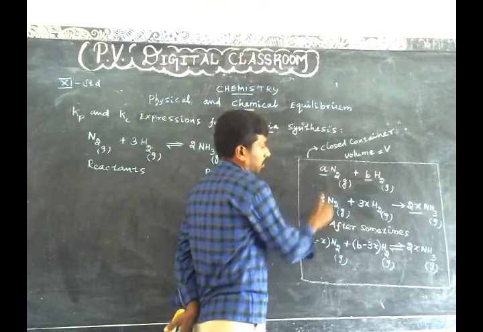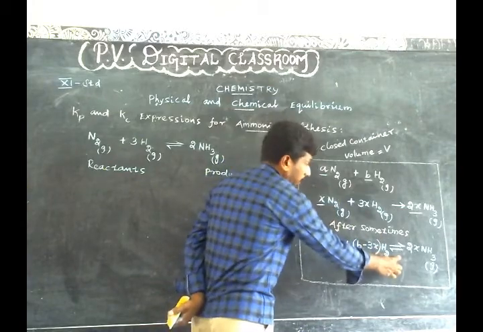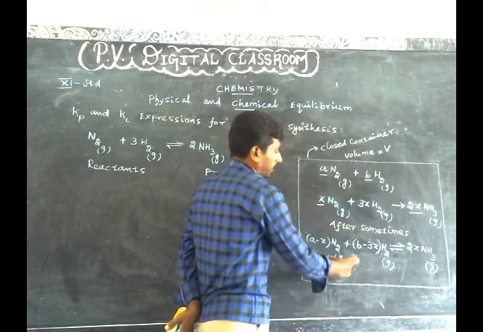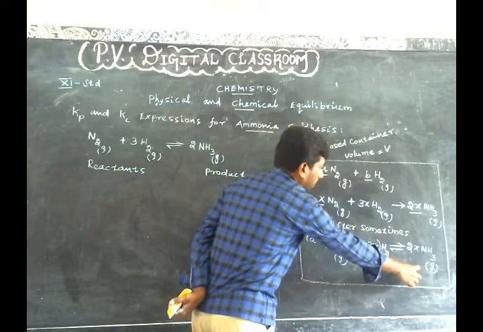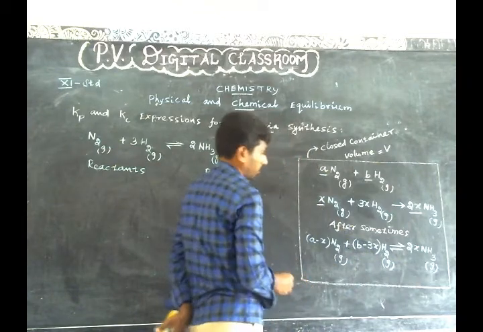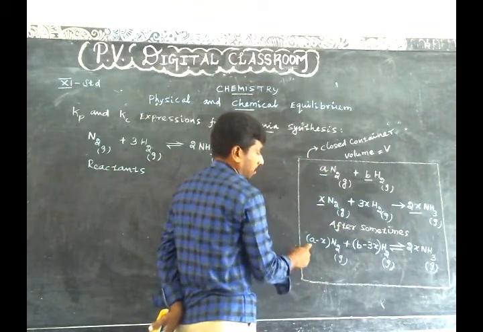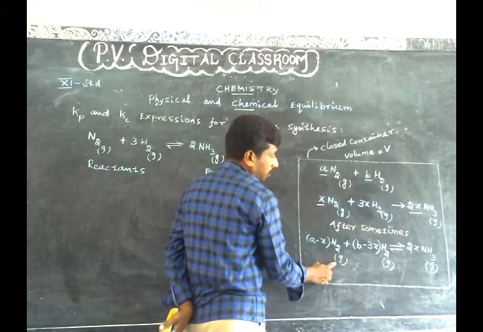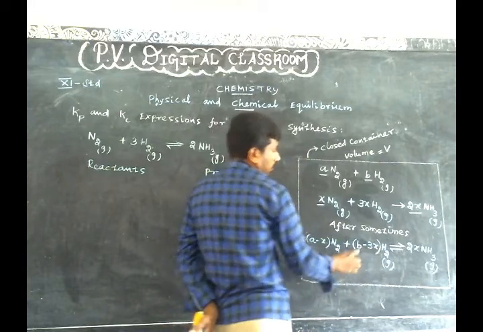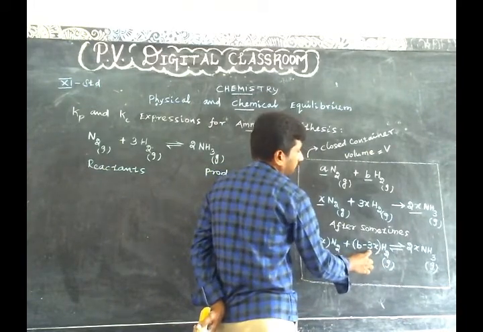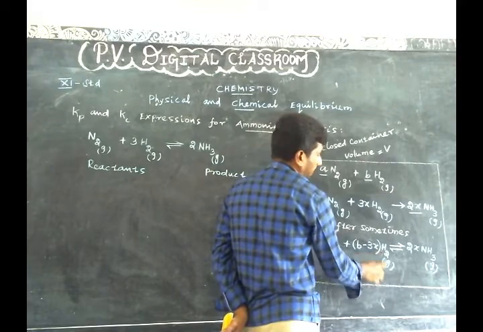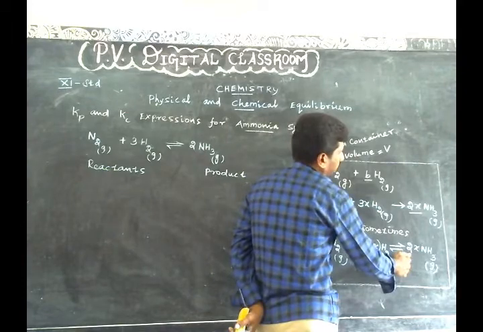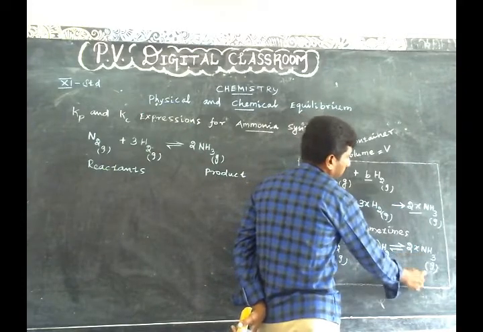After some time, this reaction will reach an equilibrium where a particular amount of reactant and product molecules are present. Here, A minus x is the number of moles of nitrogen gas at equilibrium, B minus 3x is the number of moles of hydrogen gas at equilibrium, and 2x is the number of moles of ammonia gas at equilibrium.